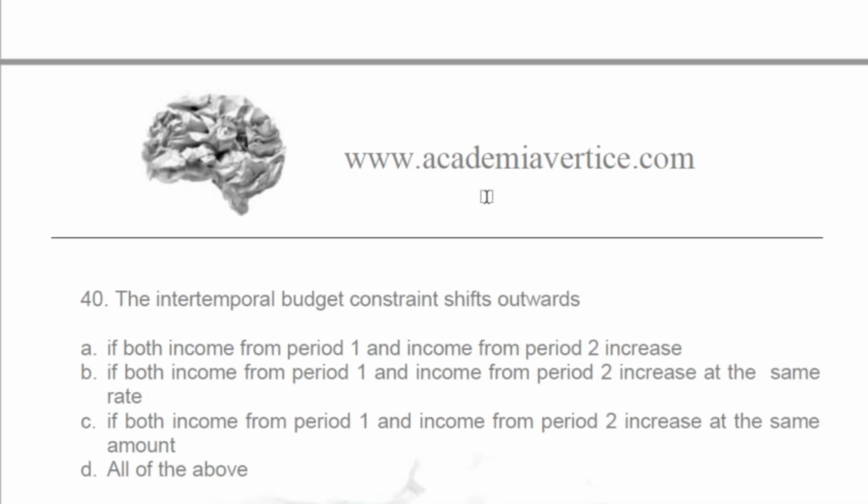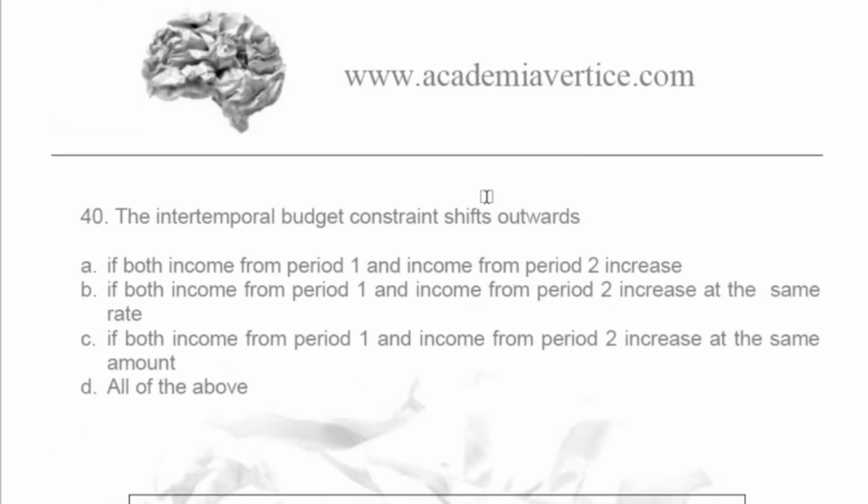So the last one, I think it's the last one. The intertemporal budget constraint shifts outwards if both income from period 1 and income from period 2 increase. Well, sorry, yes, of course, very outward.